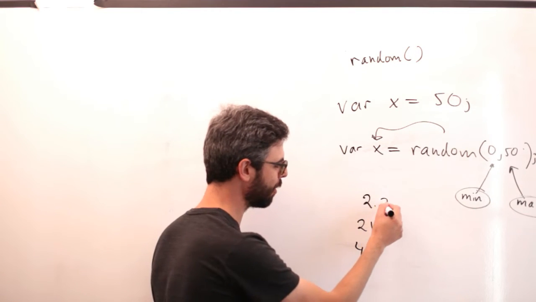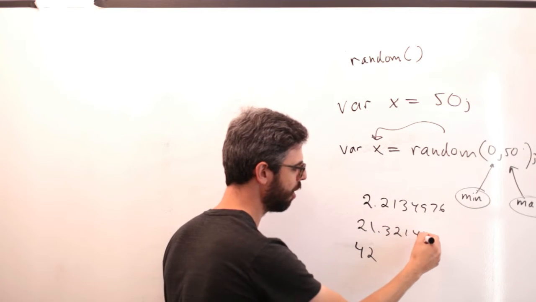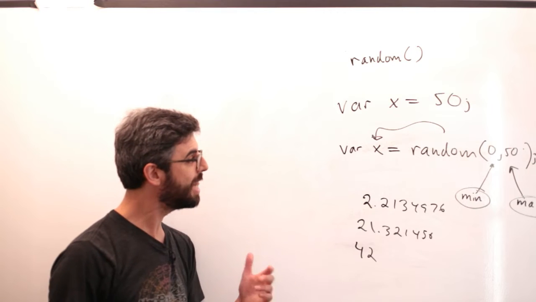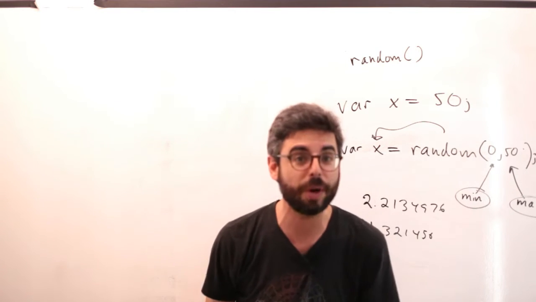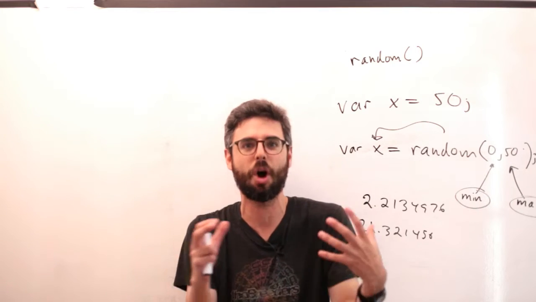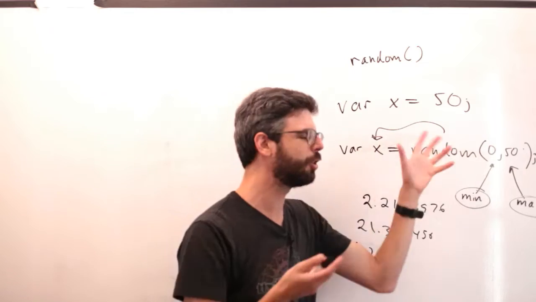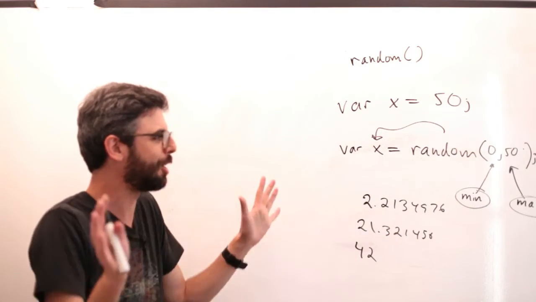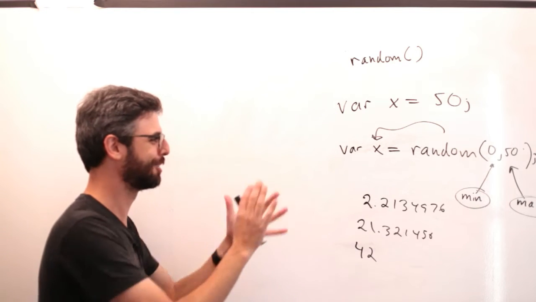You're more likely to get what are sometimes referred to as floating point or decimal numbers. In this case it doesn't really matter. P5 can handle that. If you get the number 50.34567, it knows to just draw something at pixel 50. But there are other cases where we might need to do a little something more with that. I probably shouldn't have even mentioned this because it's an unnecessary point of confusion, but I've already restarted this video like 5 times, so I'm going for it.